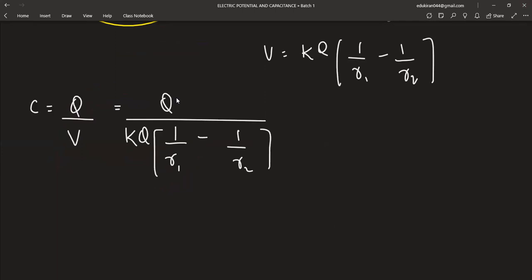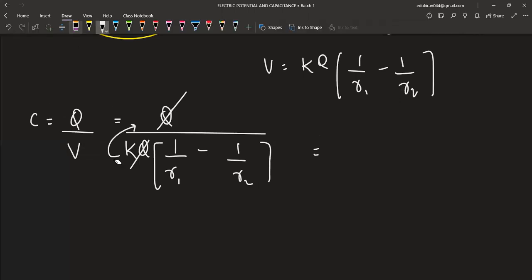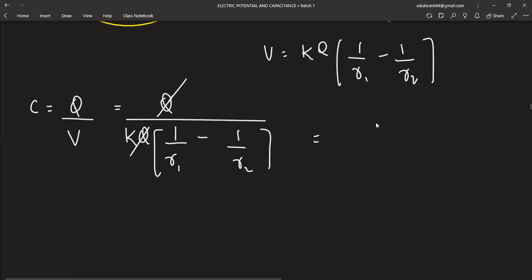Charge cancels. And we can keep K as it is. What is the formula obtained? K is 1 over 4 pi epsilon naught. So this is 1 by K here, divided by, let's take the LCM here.